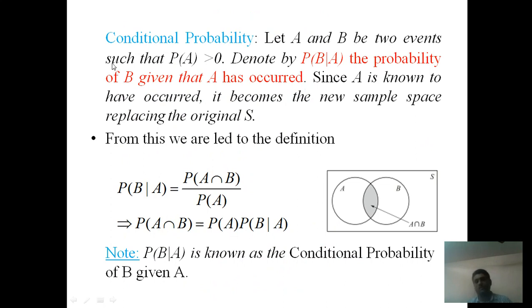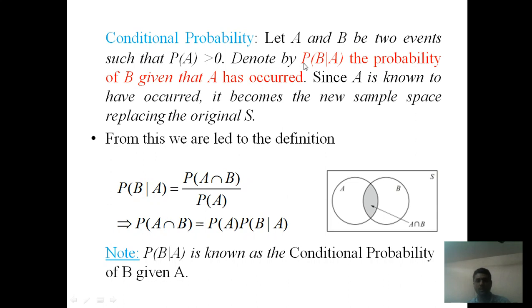Now next we have to see one of the important properties in probability, conditional probability. Let capital A and capital B be two events such that the probability of the first event, probability of A, is greater than 0.